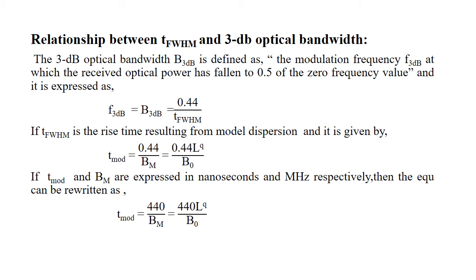So here the T_FWHM is the rise time resulting from the modal dispersion and it is given by T_mod is equal to 0.44 divided by Bm, that is equal to 0.44 L power q divided by B naught. So here T_mod and Bm are expressed in nanoseconds and megahertz respectively. So then the equation can be written as T_mod is equal to 440 by Bm, that is equal to 440 L power q divided by B naught.